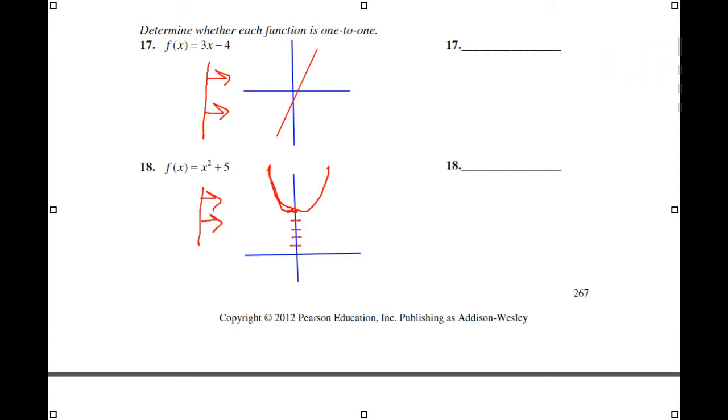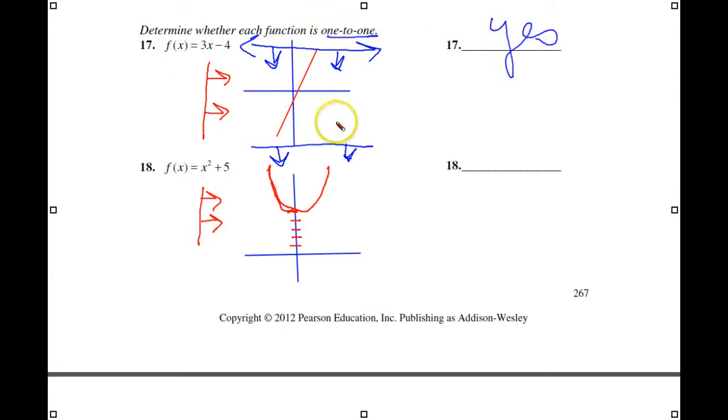But next question is, does it pass the horizontal line test? So as we move this horizontal line, it passes. So if it does, it is one-to-one. So this one is one-to-one.